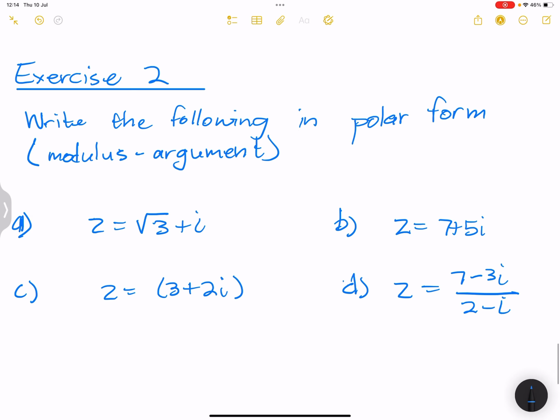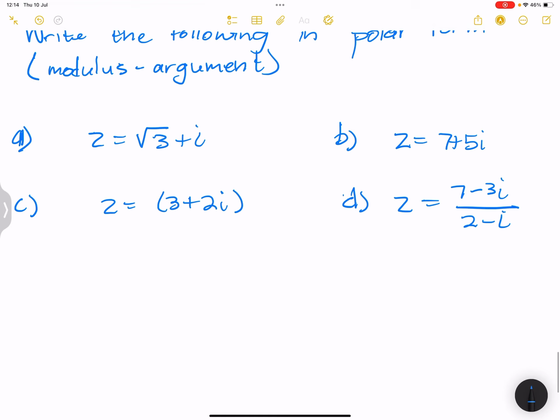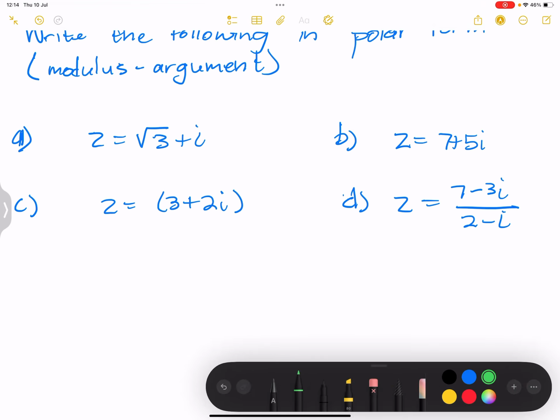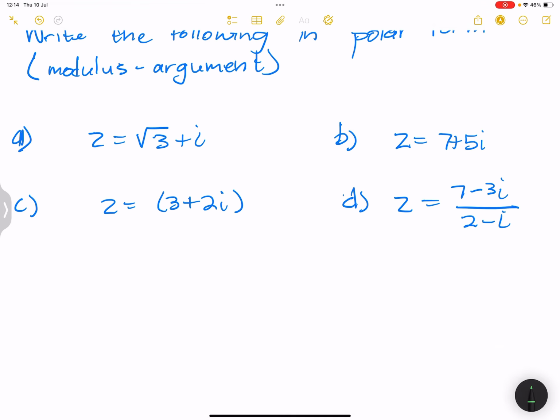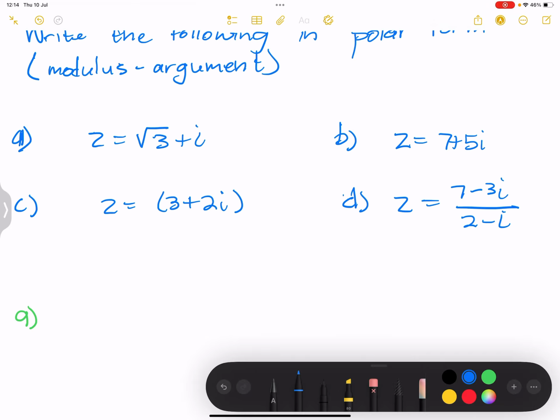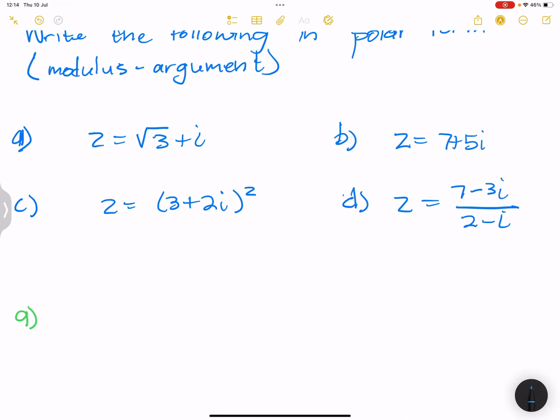Quickly, how would we go about this? I'm sure you've got this by now. I'm only going to do A with you, and the rest you can do on your own. And by the way, I forgot to write down the square root for this one. So Z is square root 3 plus I. What do we do in this case?